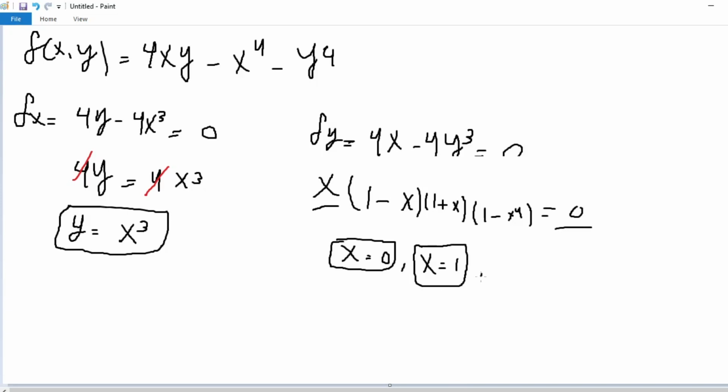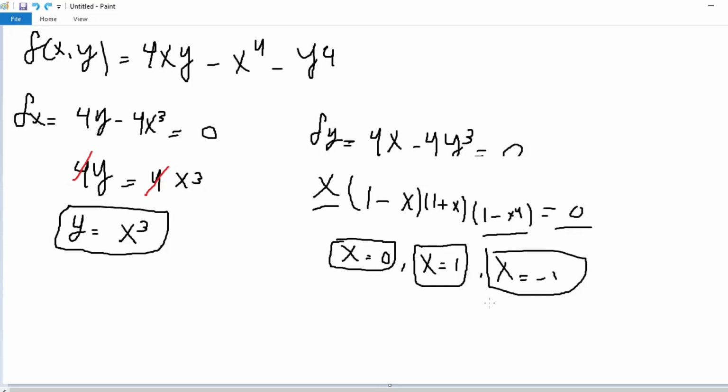And also, there is another critical point here. You can say that x is going to equal negative 1 if you solve this equation. And if you solve this equation, the answer is going to be plus or minus 1. So plus or minus here we found it. So we don't need to write any other critical point. So those are the critical points of this equation.